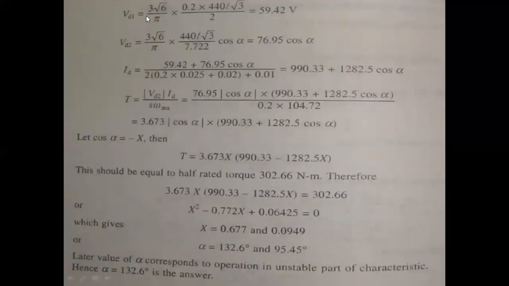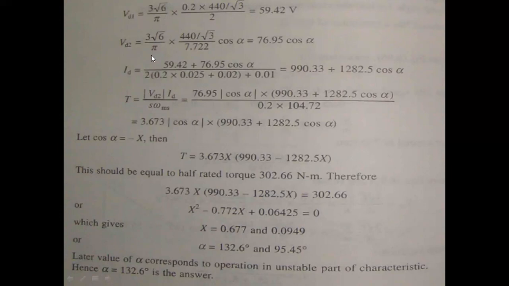If you calculate VD1 and VD2, finally we have to calculate cos alpha, right? The alpha value we find in VD2, so if you want to calculate the alpha value, first VD2 should be calculated. VD1 is 59.42 by the formula.